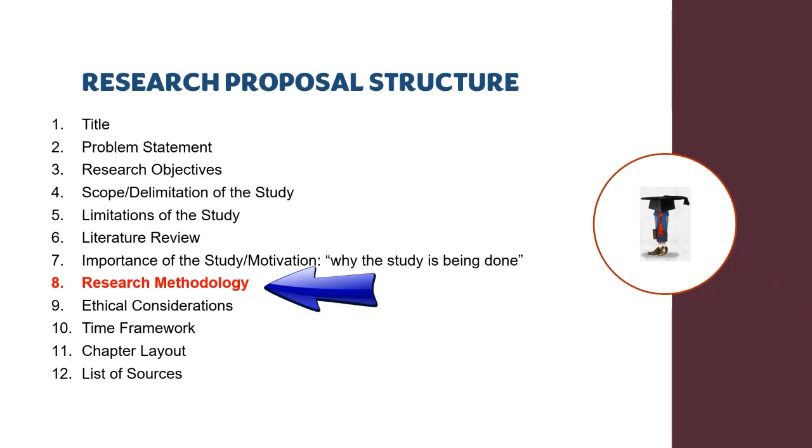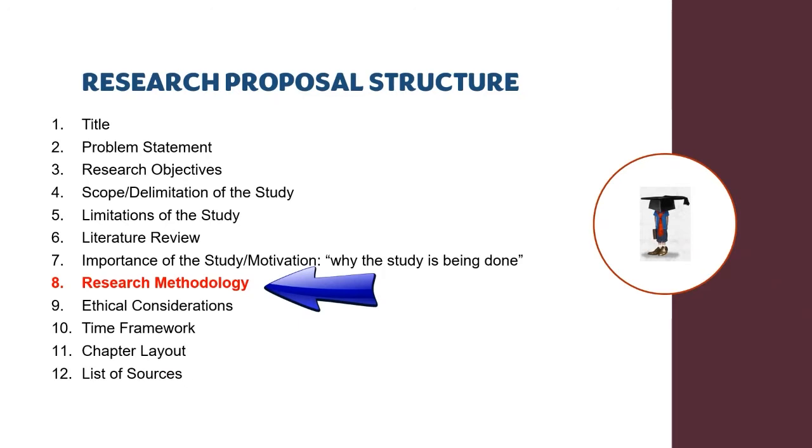Usually a proposal or a final report, or a thesis or a dissertation would roughly have a structure like that, where there's a title, there's a problem statement, there are research objectives, there's a scope or delimitation of your study, there are the envisaged limitations of your choices, there's the literature review and your theoretical design, there's the discussion of the importance of your study, why is it being done.